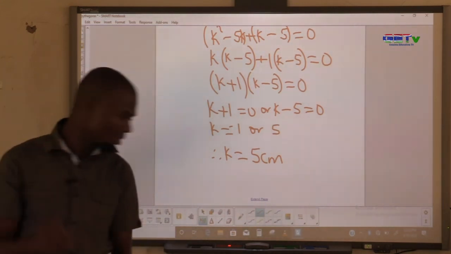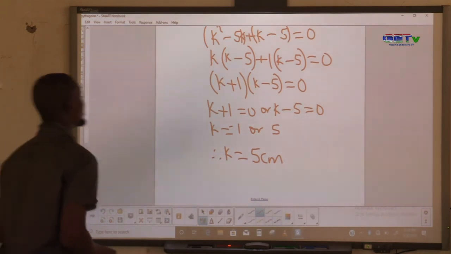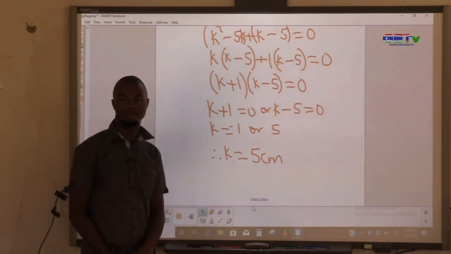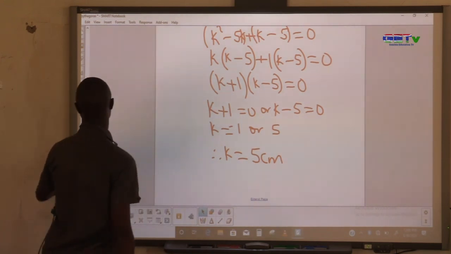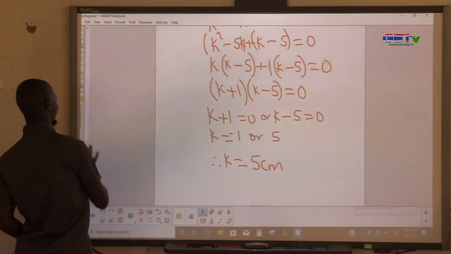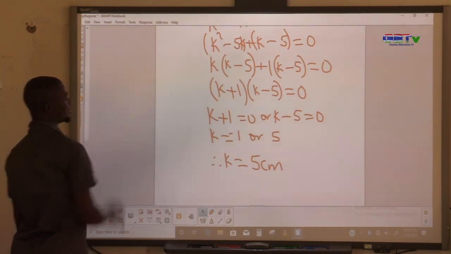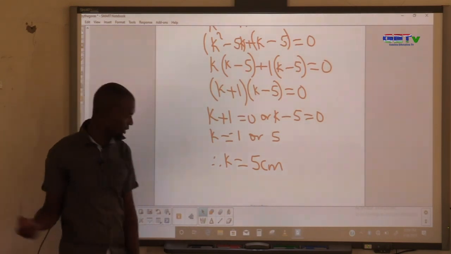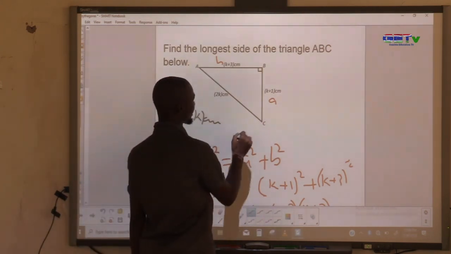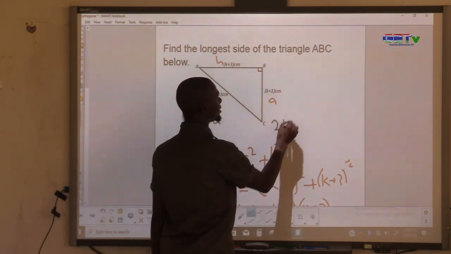And what are we asked to find? The longest side of the triangle. What is the longest side? The longest side of the triangle is the hypotenuse. As you can see, the longest side is 2k.